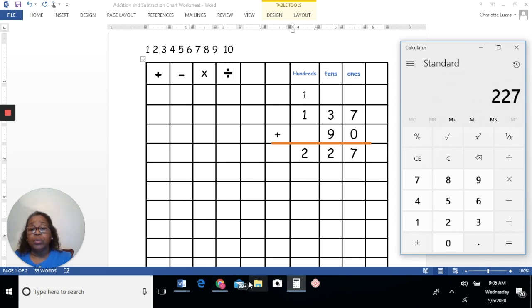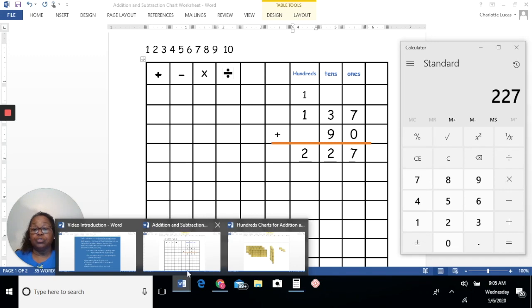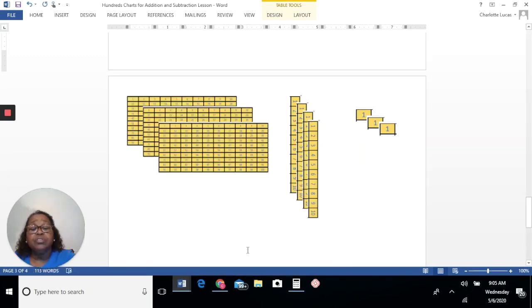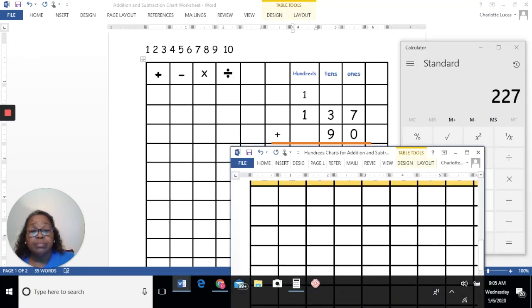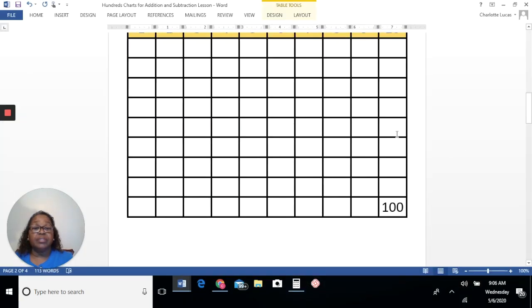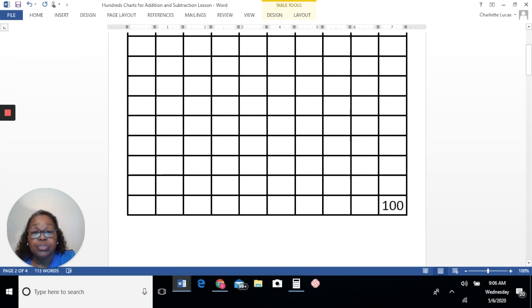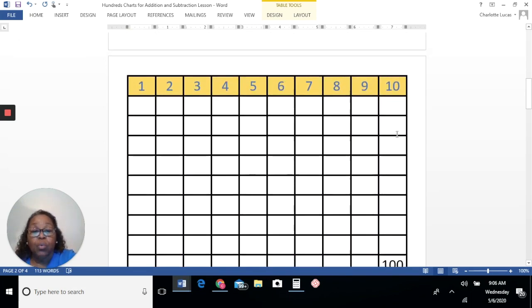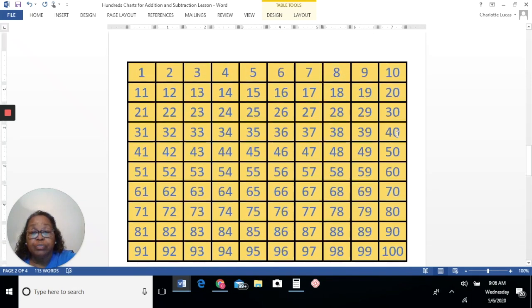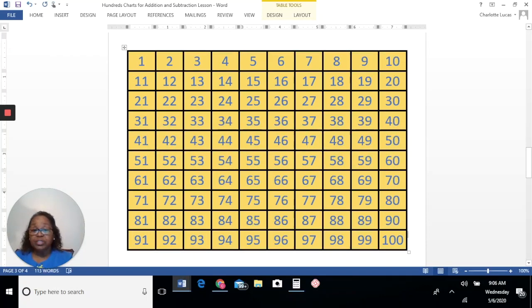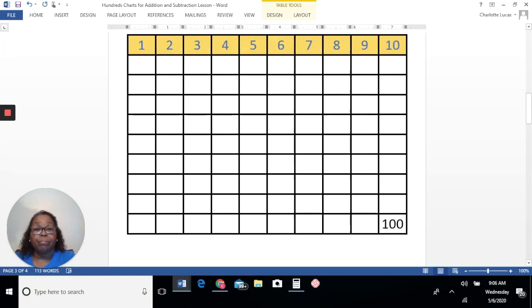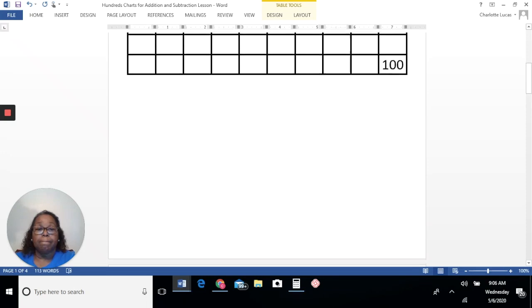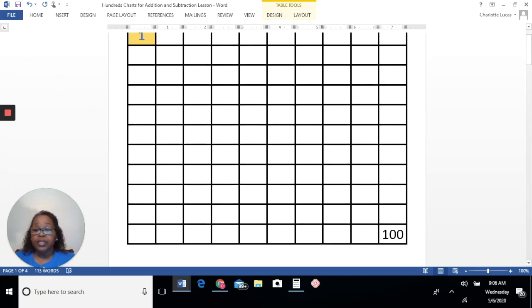Let's just do a quick review if I can get everything back on the screen. First of all, we were working with place value. We have hundreds, tens, and ones.